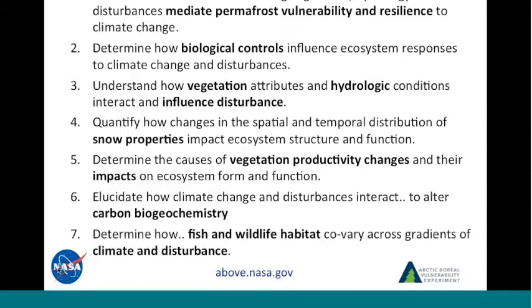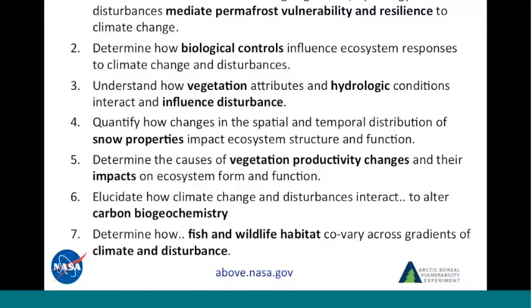And the non-growing season part of the year is often very much understudied, so we hope to address that. We plan to address that as part of ABoVE as well. It's a key part that's often underrepresented. Vegetation productivity changes, understanding what's happening with those.